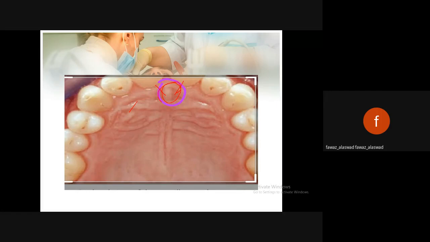Other structures which need to be noted are the rugae and the raphe.